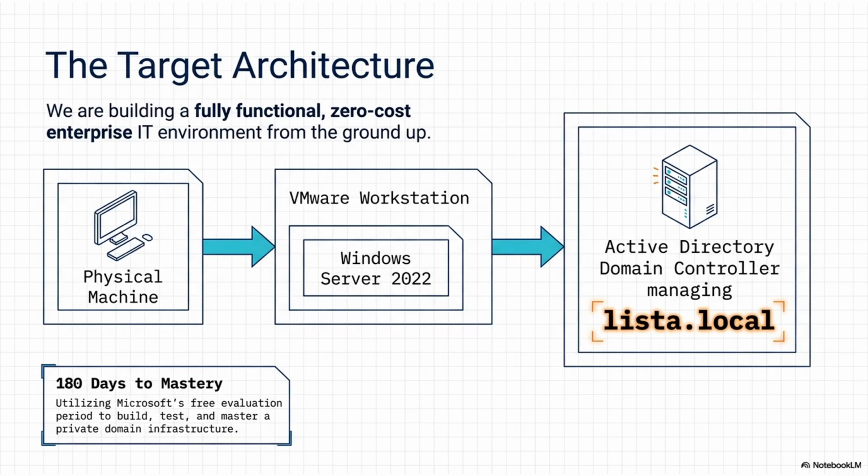This will be VMware Workstation Pro, which is free for personal use. Secondly, the operating system is the Windows Server 2022 ISO evaluation. It's important that it be the Windows Server 2022 ISO evaluation version. Together these will form the backbone of your domain controller. Okay, let's head on to the next slide.